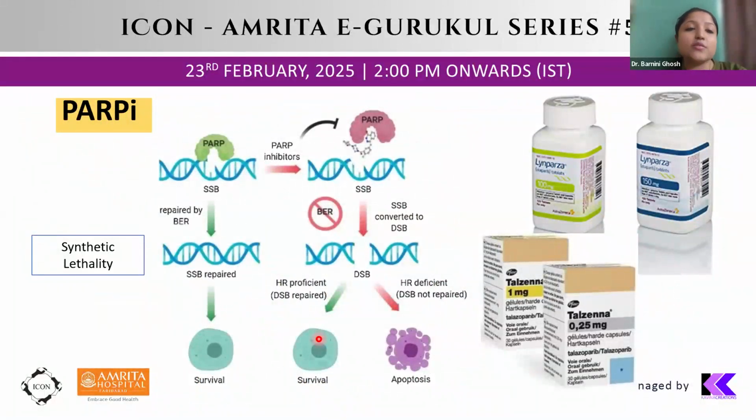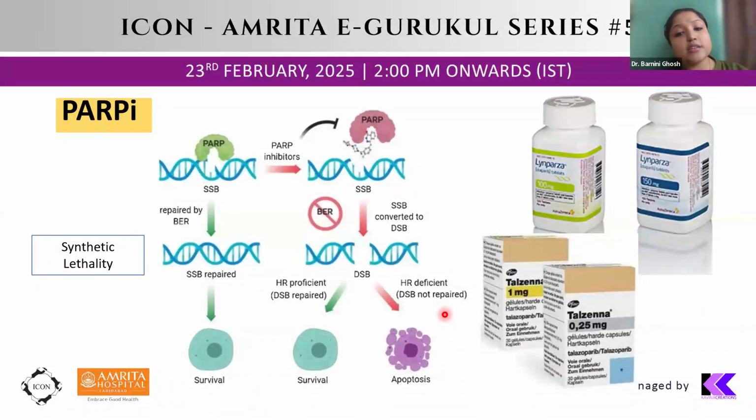So coming to the next class of drugs, PARP inhibitors. What is this PARP? It stands for poly-ADP ribose polymerase, which are the enzymes responsible for repairing the single-stranded DNA breaks in the cell. Now, if this PARP enzyme is inhibited, these single-strand breaks are not repaired and they are converted to double-stranded breaks.